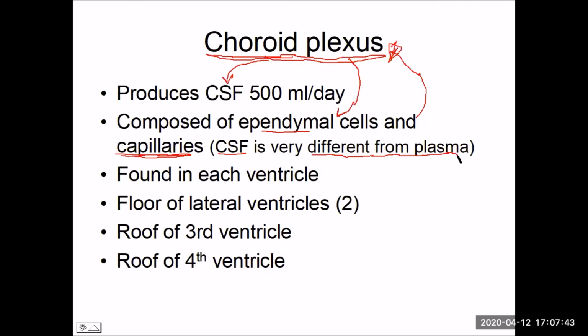And again, there's a choroid plexus, meaning that there are ependymal cells and capillary cells bordering each of the ventricles. So in the case of the lateral ventricles, of which there's a pair, a right and left lateral ventricle, they're found on the inferior side of the lateral ventricles, whereas there's a choroid plexus on the superior edge of the third, as well as the fourth.